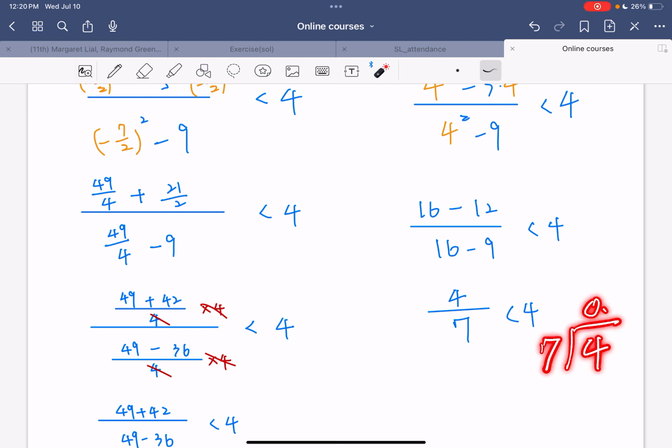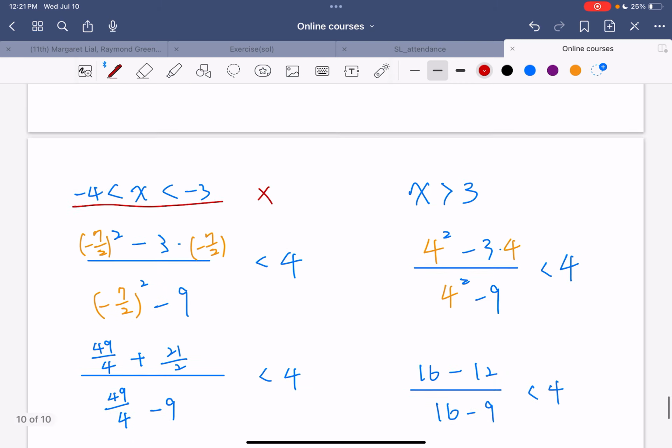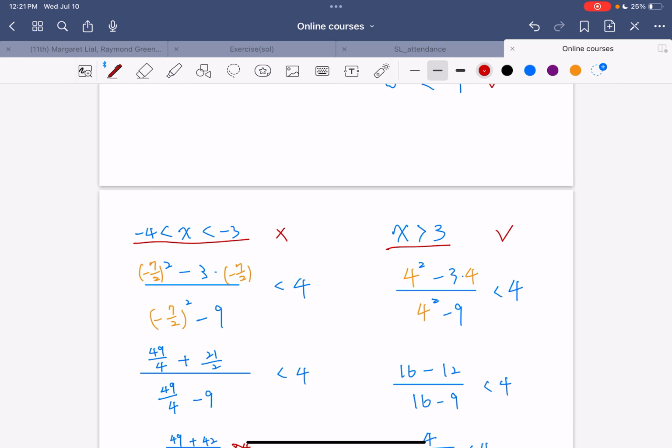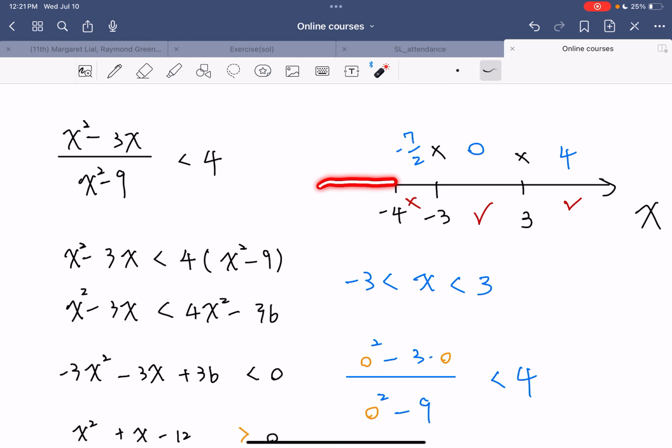You can only get 0.5, something else. So 0.5 something is less than 4. So this fits. x greater than 3 fits. This means this area fits, and the area just next to the area that does not fit will fit.